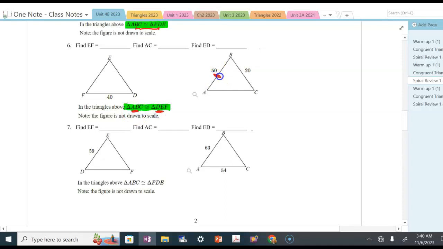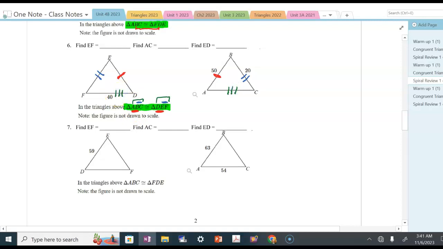I'm going to mark it with the red tick mark. The second two letters go with the second two letters. So BC goes with EF. And then the outside letters, meaning A and C, go with D and F.